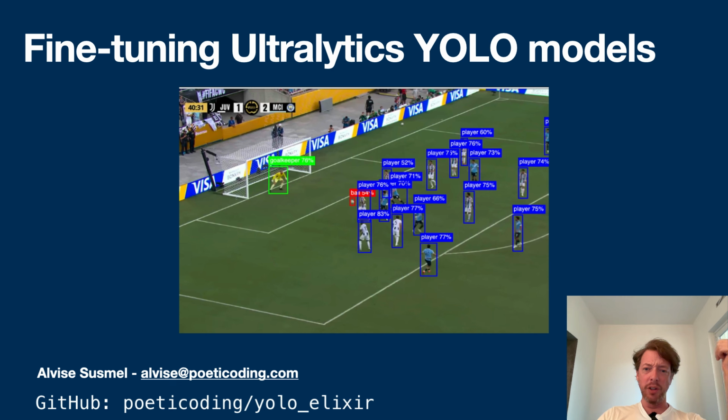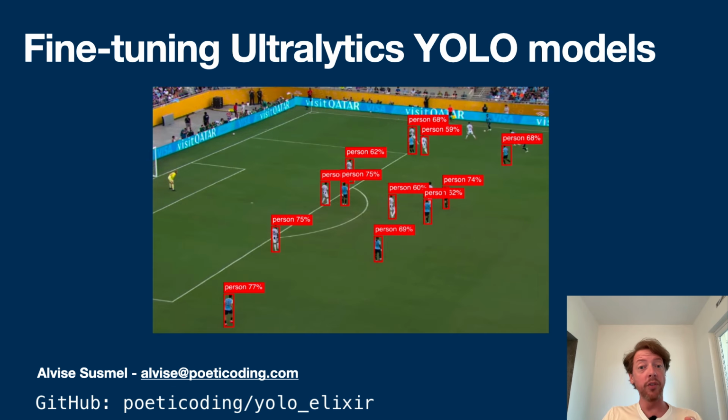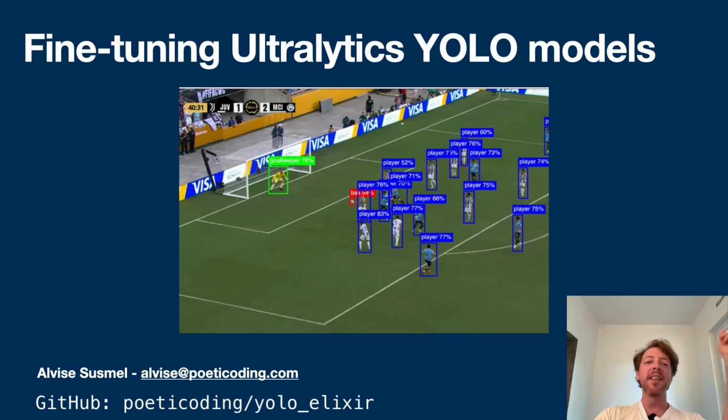So yeah, goalkeeper, player, referee, they're all people. So we could just use the YOLO model pre-trained on the COCO dataset, since it detects people really well, which is a good point. But the reason why fine-tuning is worth it is that we want our model to be a soccer specialist.